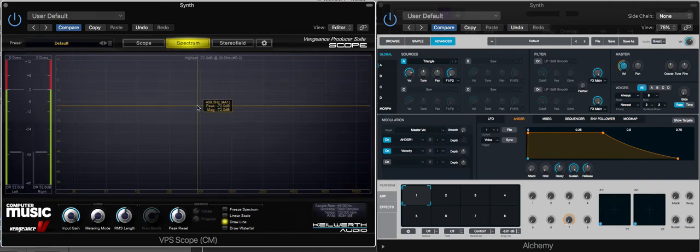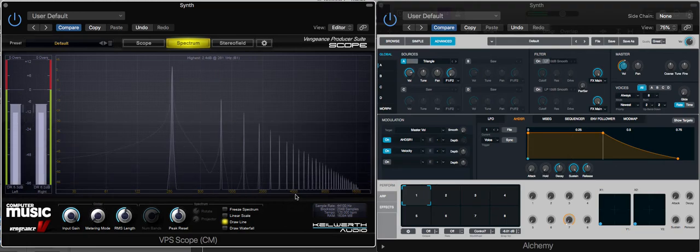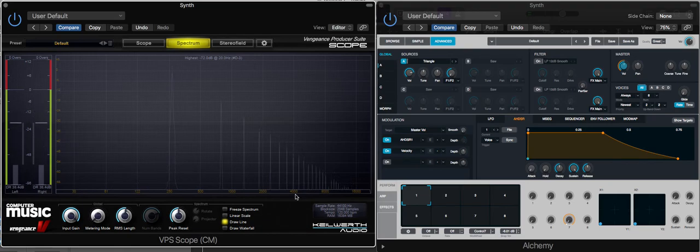So we'll move over to the spectrum view. And again, you'll see there's lots of different sine waves making up the sound at different frequencies. And this is often described as being sweet sounding and is softer than a sawtooth.